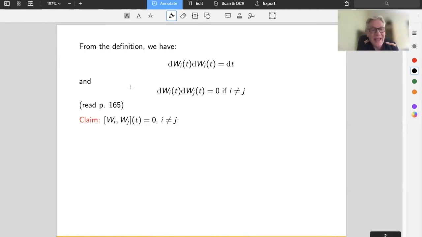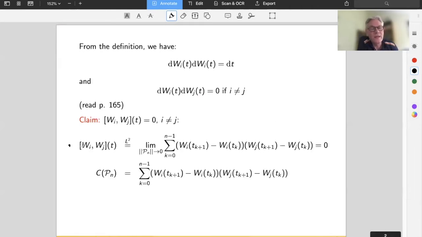The claim in that proof is that the cross variation [Wi, Wj](t) is equal to 0 when i is not equal to j. How do we show that? Well, remember, in the one-dimensional case, we come up with a partition of the time interval. We partition it in time slices and write down the definition of the cross variation of Wi, Wj over those intervals.